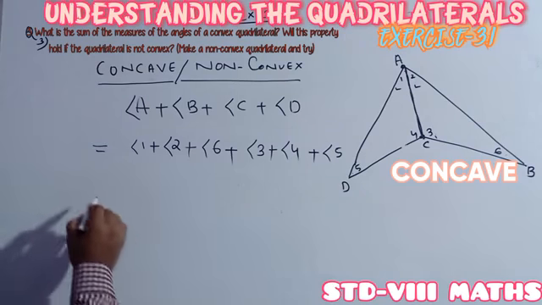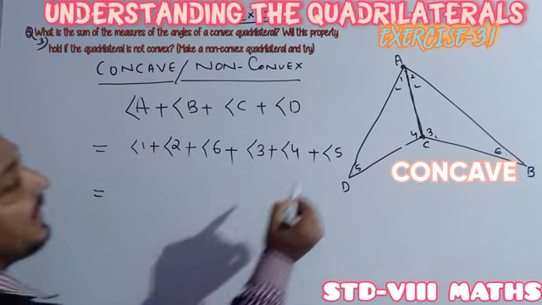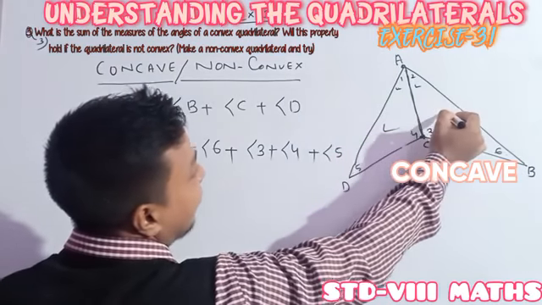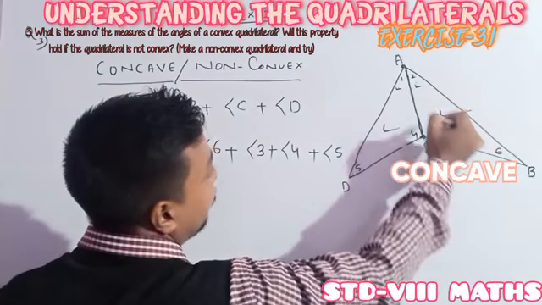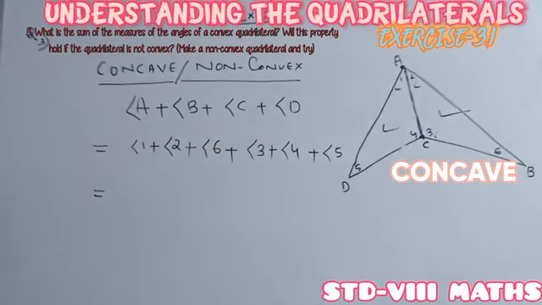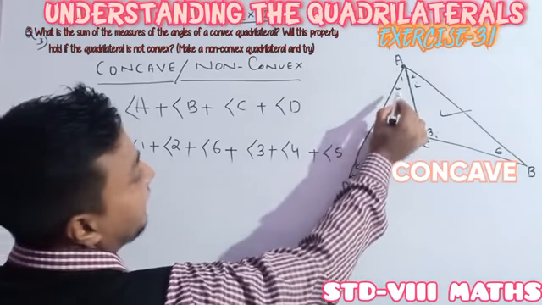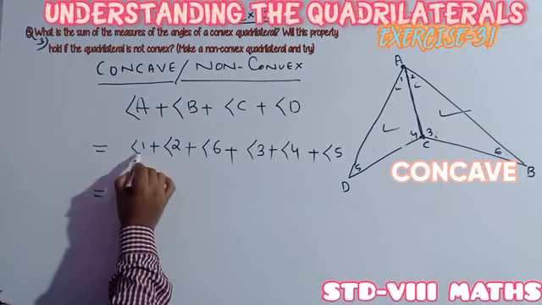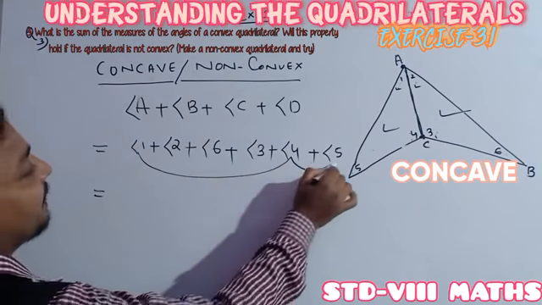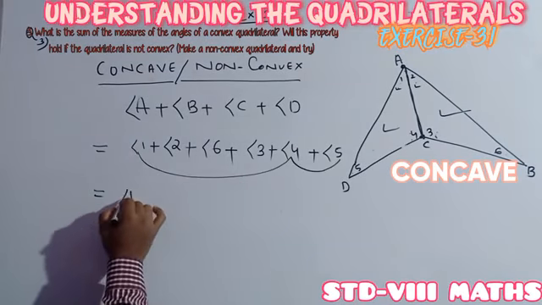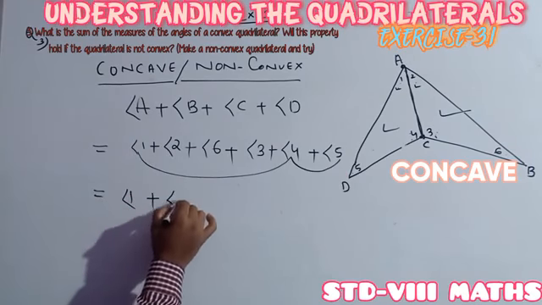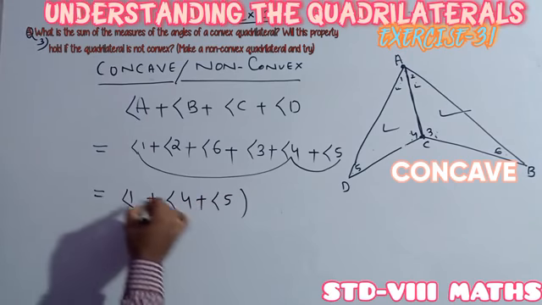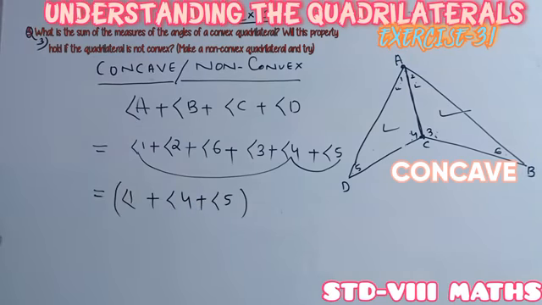In the next step, I want to separate the interior angles of this triangle into another group. I want to separate 2, 3, 6 into another group. So in this group the angles are angle 1, angle 4 and angle 5. I am keeping angle 1, angle 4 and angle 5 separately within one bracket.